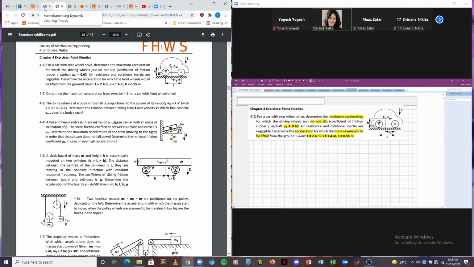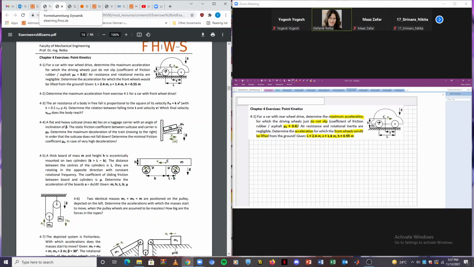And we have values given, dimensions of the car, and that's it.